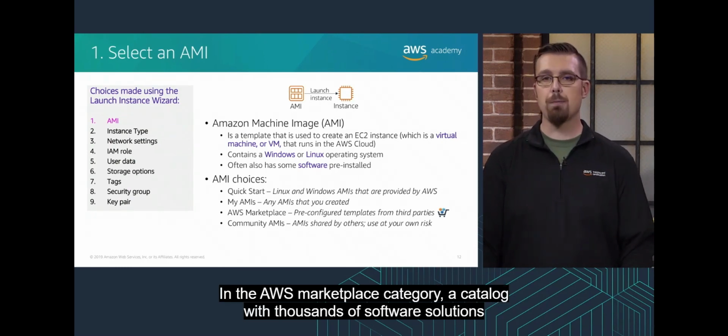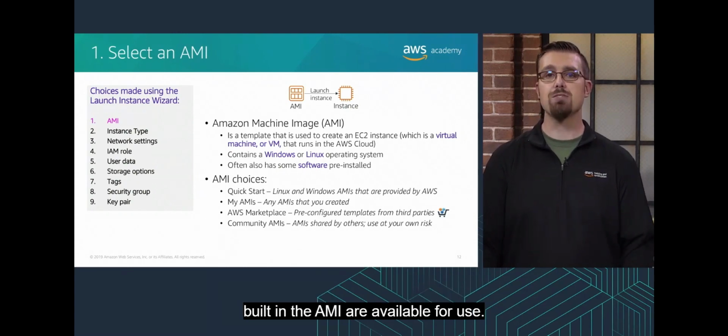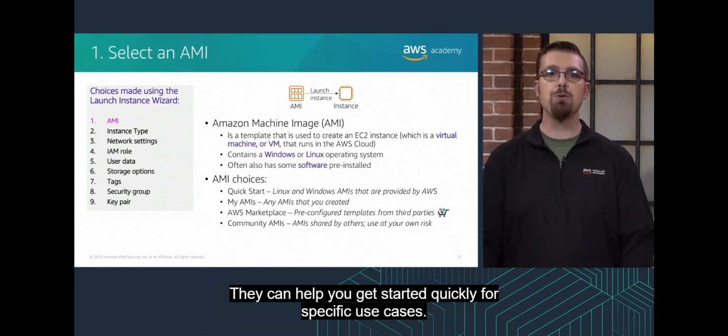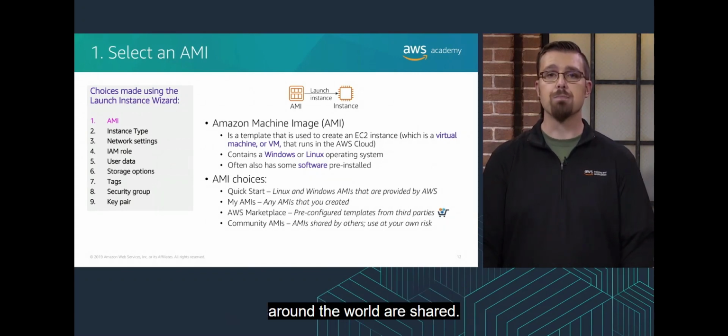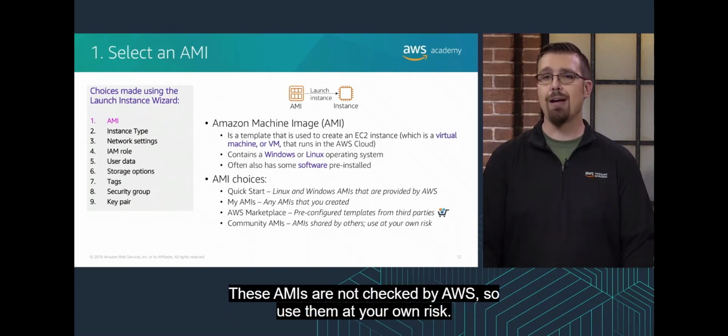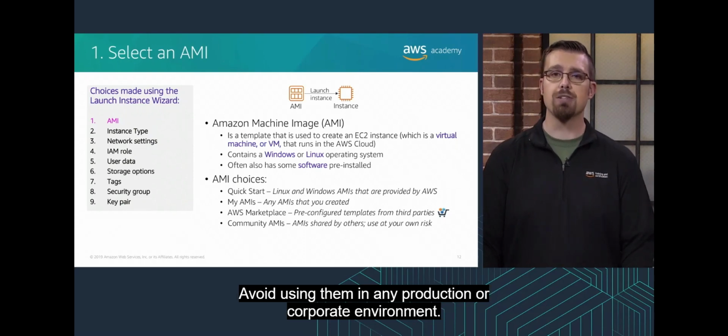In the AWS Marketplace category, a catalog with thousands of software solutions built into AMIs are available for use. They can help you get started quickly for specific use cases. Finally, we have the Community AMIs category, where AMIs created by people all around the world are shared. These AMIs are not checked by AWS, so use them at your own risk. Avoid using them in any production or corporate environment.